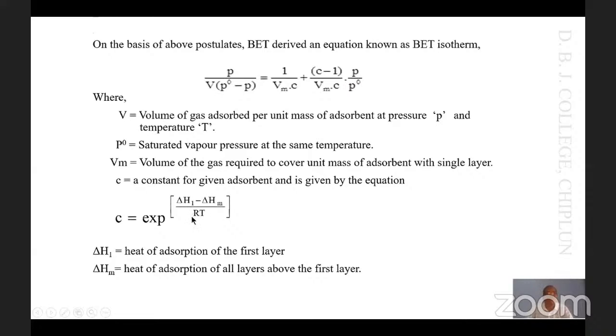R is the gas constant, T is the temperature in Kelvin, whereas delta H1 is the heat of adsorption of the first layer which directly forms onto the surface of the adsorbent. Delta Hm is the heat of adsorption of all layers formed above the first layer.